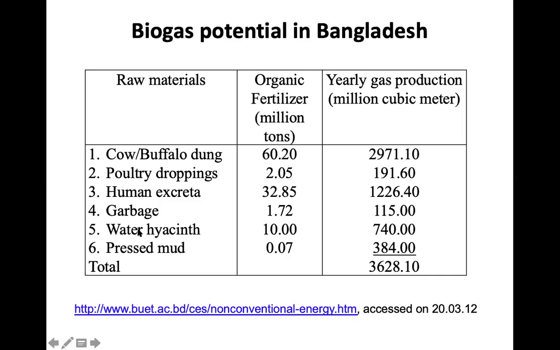And garbage, water hyacinth, waste mud are limited. But anyway, if we can manage our household waste like Japan, that means biomass waste is collected in a separate basket and processed separately, and the non-biomass metal, glass and others are separated and recycled, then household or agricultural biomass could be used in community biogas plants, not individual ones, and that could be viable.